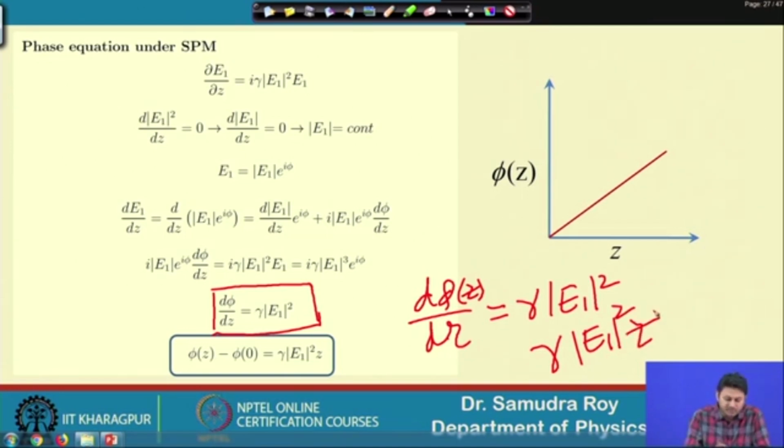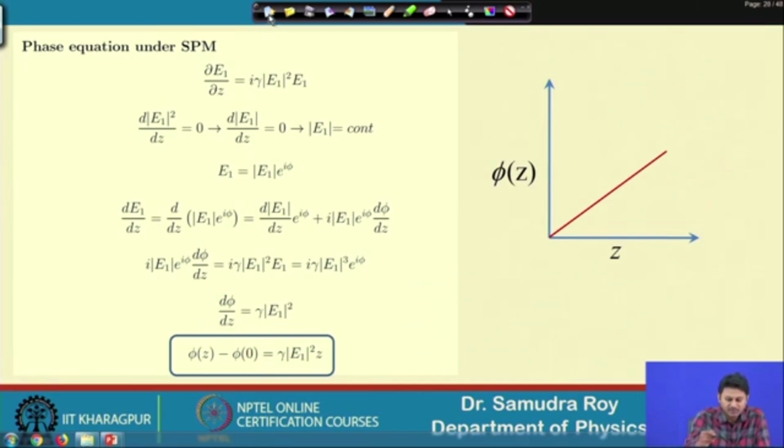If I integrate, we can put this phi 0, a reference phase, that at z equal to 0, if there is any phase, we can write phi 0, but if I say this is equal to 0, then phi of z is simply a function of z and will change linearly as shown here in this figure. So we have expressions of E and phi both, and we find that for self phase modulation the amplitude is not changing, but the phase is changing, and the change of phase is linear in nature.